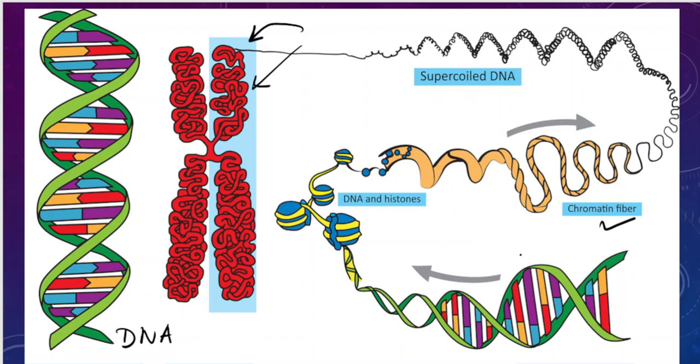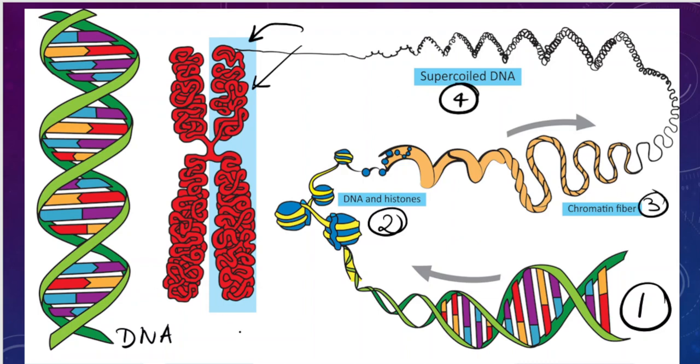From DNA, first there is just DNA, then DNA with histone proteins, then you have chromatin fiber, then supercoiled DNA, then highly coiled, that is the chromosome. So there are 5 steps. I just wanted to show you how a chromosome looks. You don't need to go into the details of it.